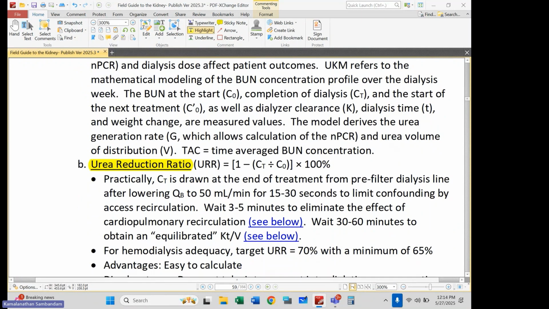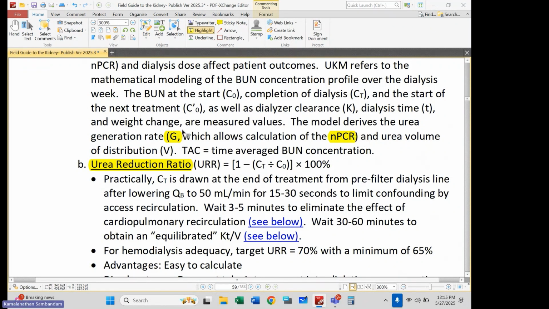Okay, maybe I'll make a few more points if I hadn't gone deep enough. One of the parameters that you follow in the dialysis unit is how much protein intake the patient appears to be taking in.